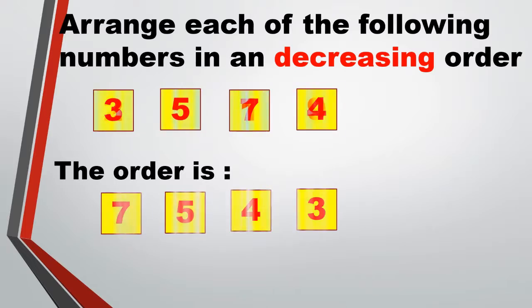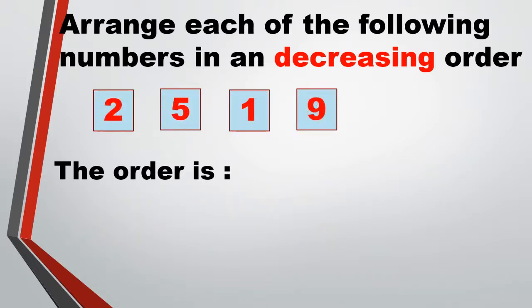Arrange these numbers in decreasing order. Here 4 numbers are given. We have to arrange these numbers in decreasing order from greatest number to the smallest number. So tell me, which is the greatest number in this line? Right, 9. 9 is the greatest number in this line.